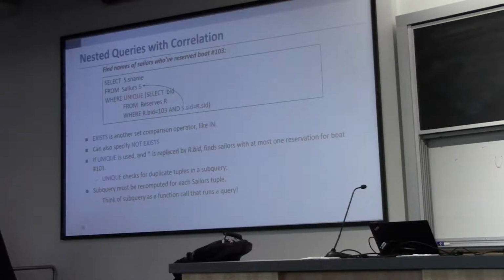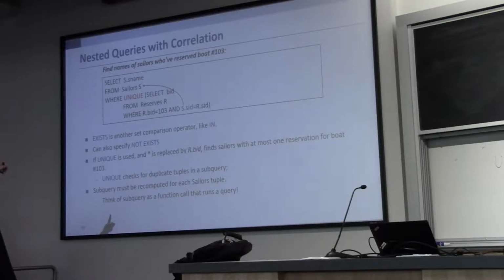What you're doing is, as I said before, the way to understand a nested query is to view this as a for loop, a nested for loop, right? For each sailor in the outer block, you iterate through those sailor records. And for each sailor, you execute the inner block using the current sailor record.